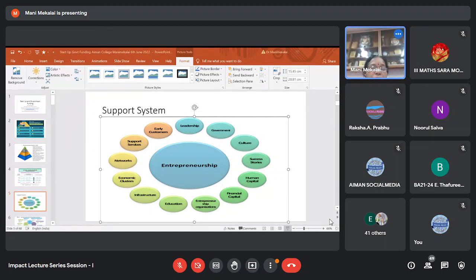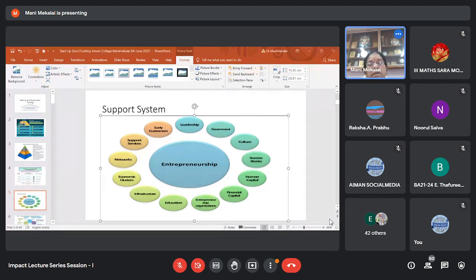Therefore, infrastructure is also very much required. Economic clusters and networks also. Economic clusters is where the same type of industries come together and work. Networks are very, very important. That's what I was talking about, organization. So you have to have an association or organization with everyone. Support services, early customers, and leadership. So these are the important requirements.